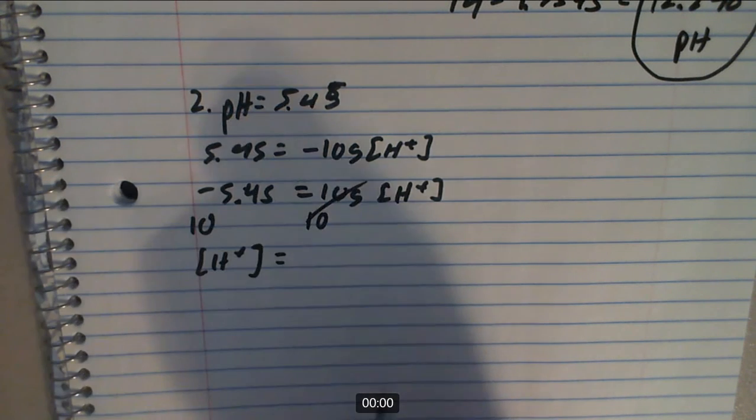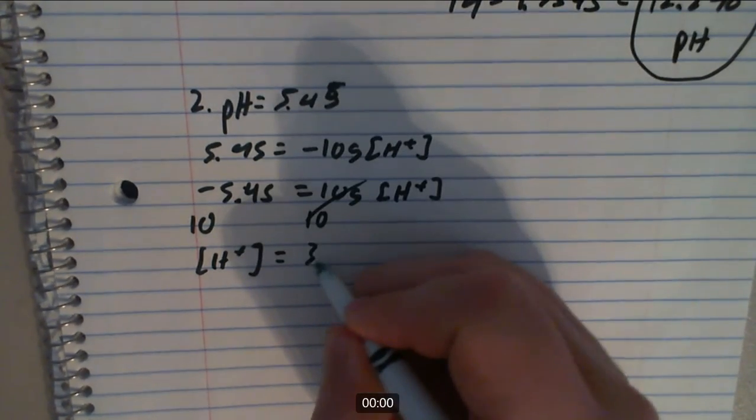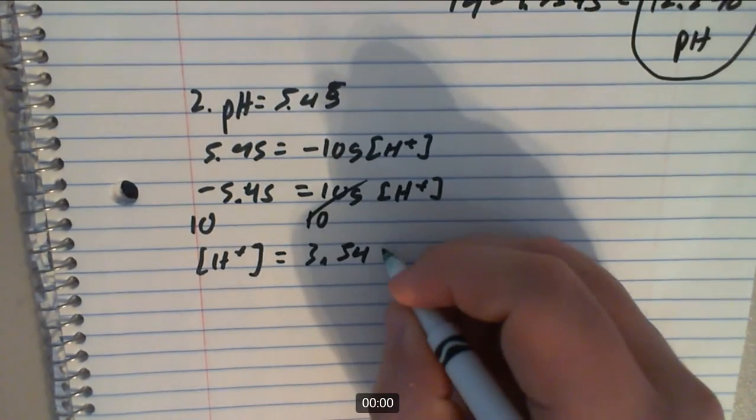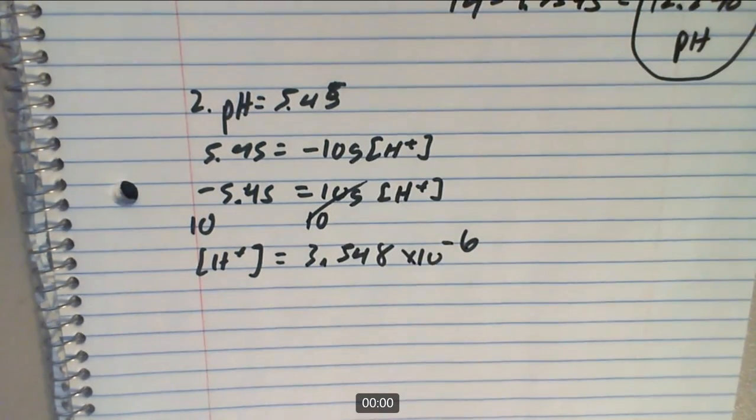So 10 to the negative 5.45, and I get 3.548 times 10 to the negative 6.